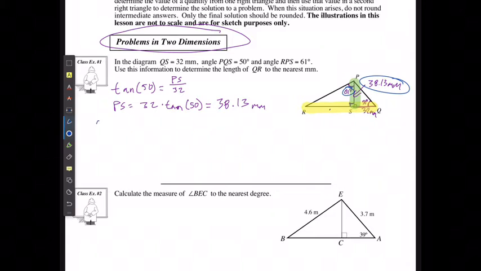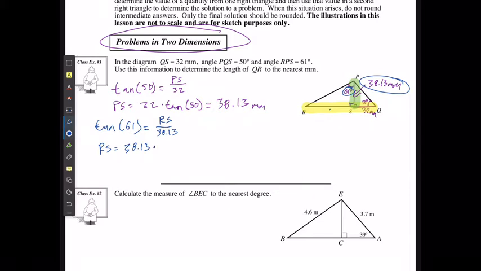And I'm going to say that tan of 61 is going to equal the opposite, RS or SR, doesn't really matter, divided by that shared side length we just solved, 38.13, which means that RS is going to equal 38.13 multiplied by tan of 61.